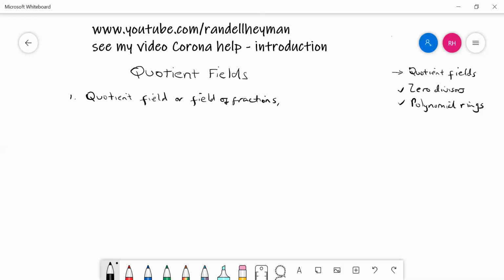Also, fraction field, or sometimes even field of quotients. So just be aware of that.